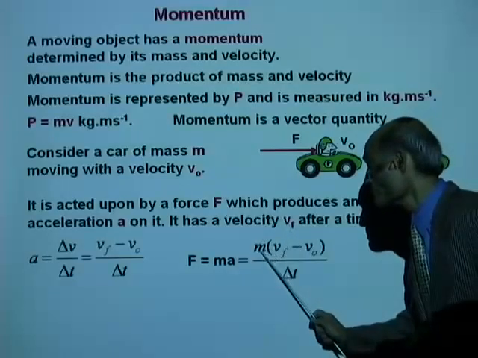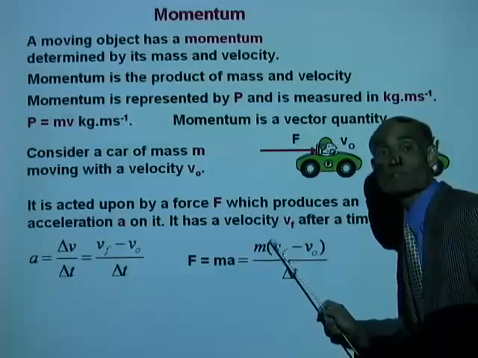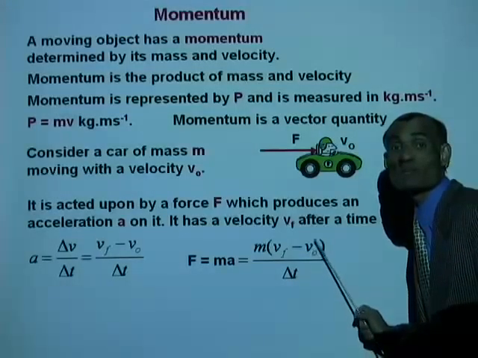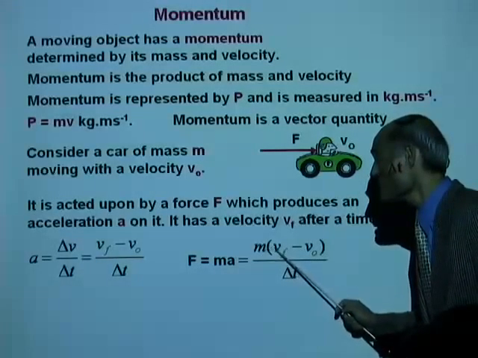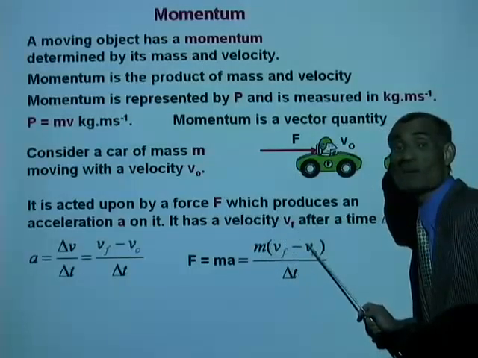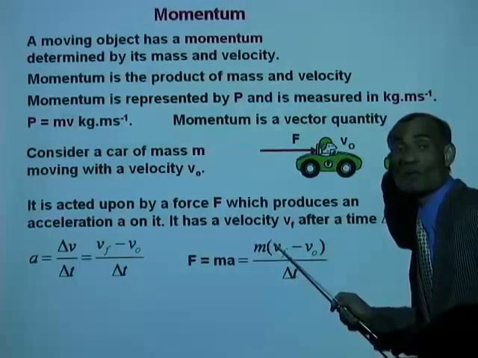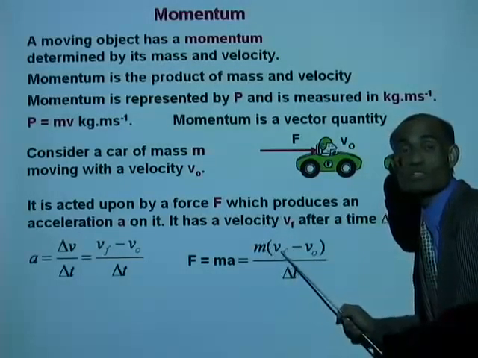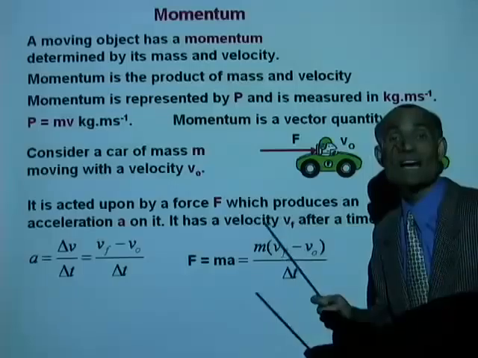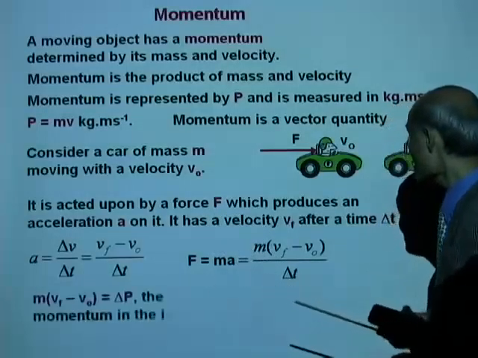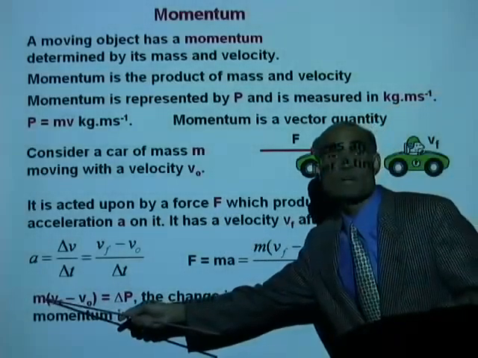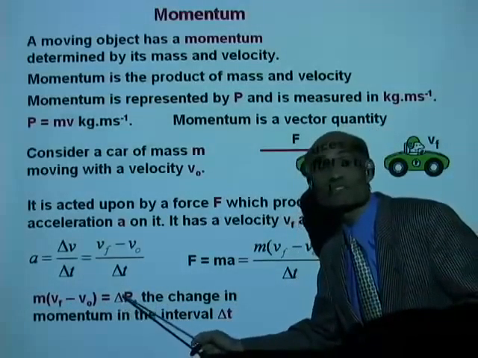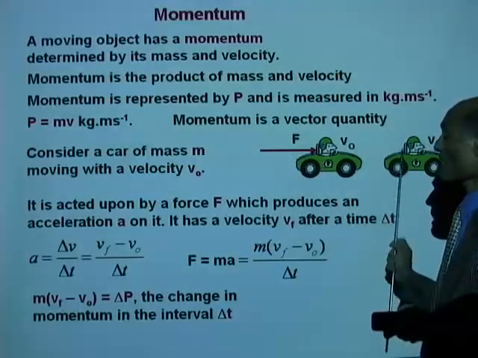Is that right? m times vf is the final momentum. What is m times v0? Initial momentum. So this is m vf minus m v0, final momentum minus the initial momentum. The quantity in the numerator actually represents the change in momentum. m times (vf minus v0) represents the change in momentum of the car.